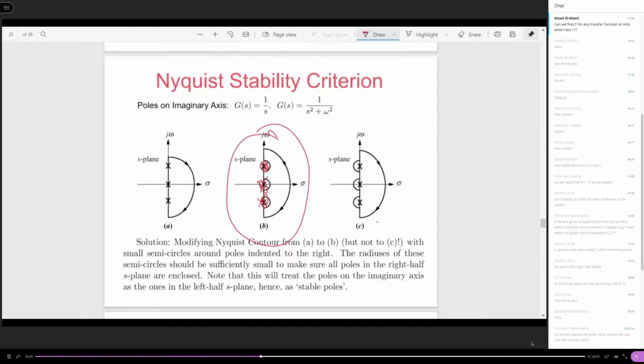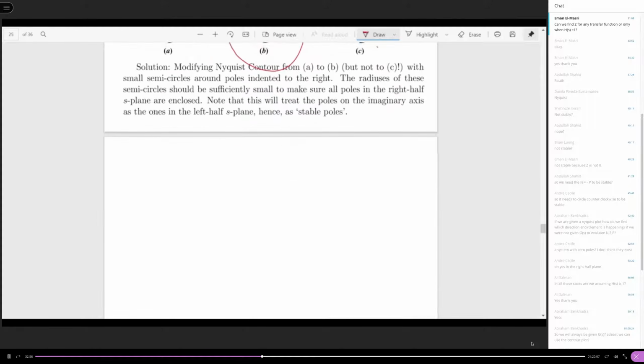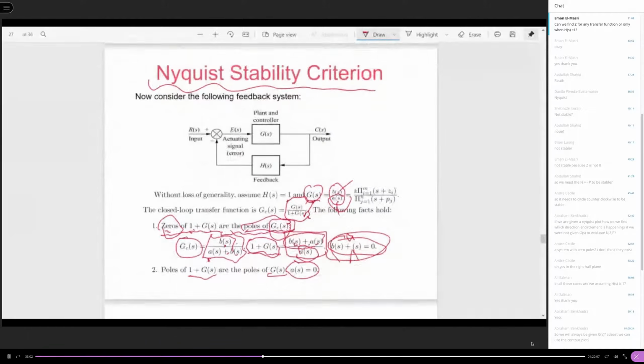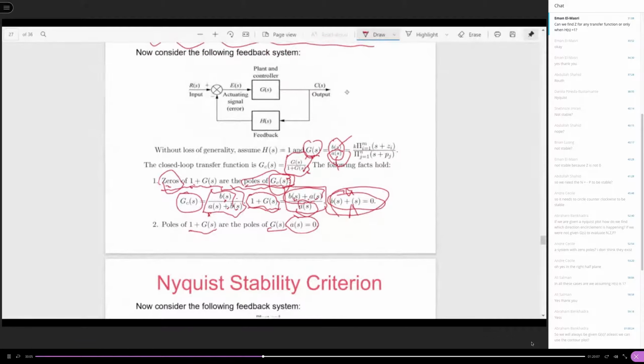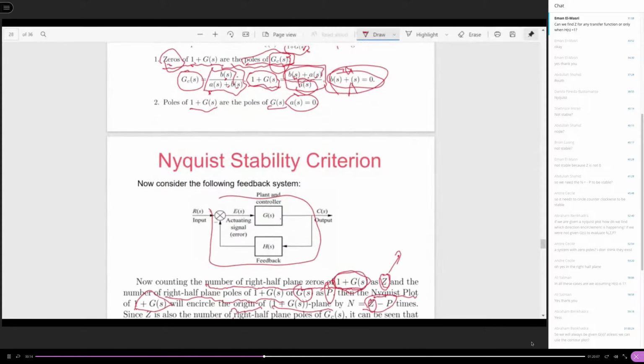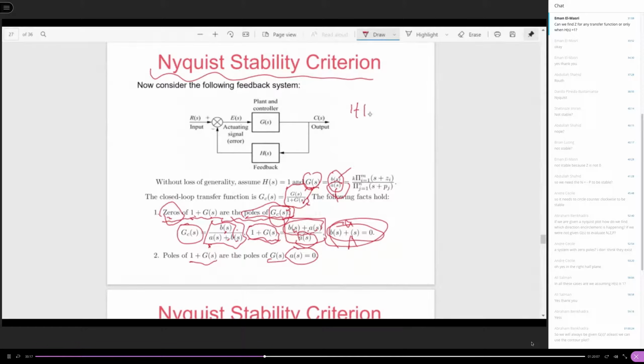Can we find Z for any transfer function or only for H(s) equal to 1? It doesn't matter. If you do not assume that H(s) is equal to 1, then your closed loop system's denominator is 1 plus GH.